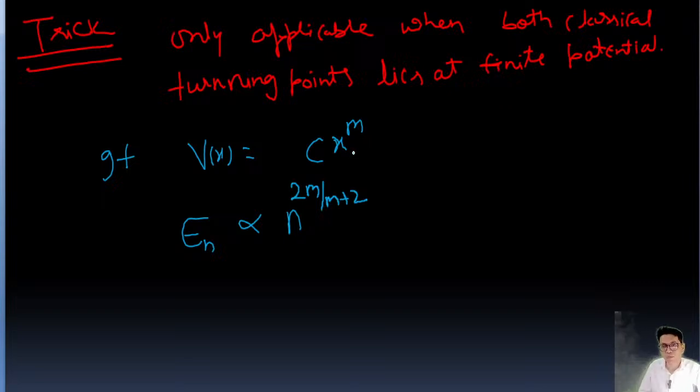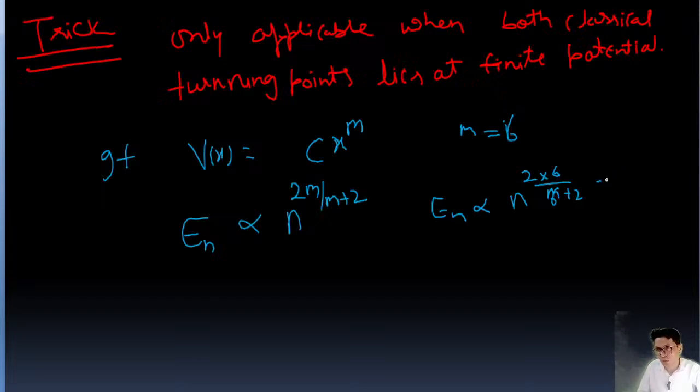Suppose m equal to 6, then in that case En is going to be proportional to n to the power 2 into 6 upon 6 plus 2, so this is 12 upon 8.